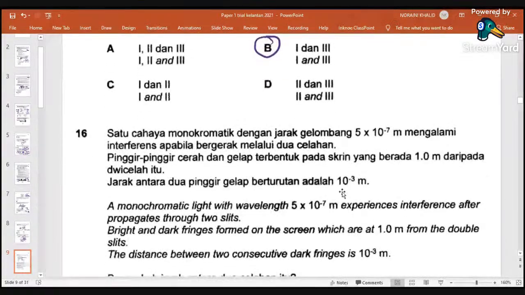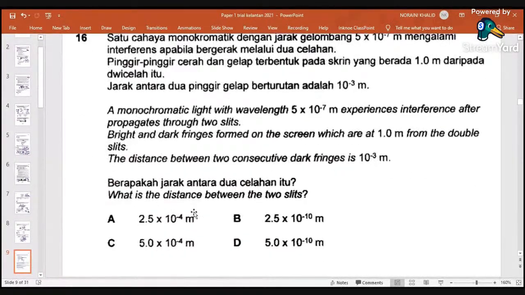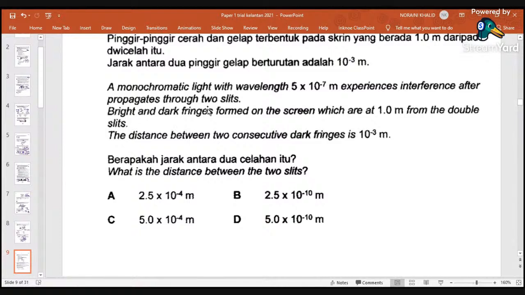Number 16, a monochromatic light of given wavelength experiences interference after propagating through two slits. Bright and dark fringes form on the screen which is 1 meter from the double slits. The distance between two consecutive dark fringes is given. What is the distance between the two slits? You must know all the symbols related to the values: wavelength, lambda. The screen distance from the double slit is D. Distance between two consecutive dark fringes is x.